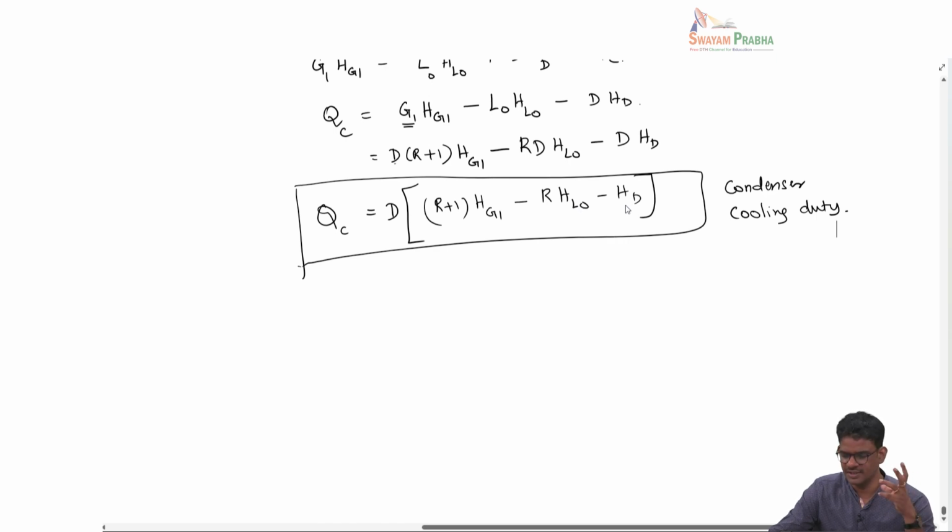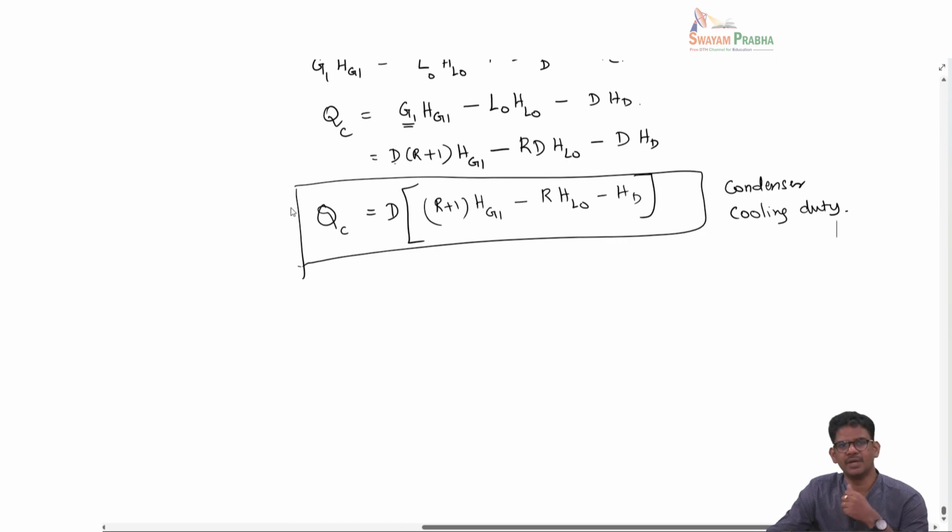Like I said, whether it is a total condenser or whether it is a partial condenser depends on these factors. So if you want to have all of them condensed, HL0 and HD will be equal and they may be related to the saturation liquid enthalpy, and you can calculate QC from here. So QC is one of the important things that we may want to calculate.